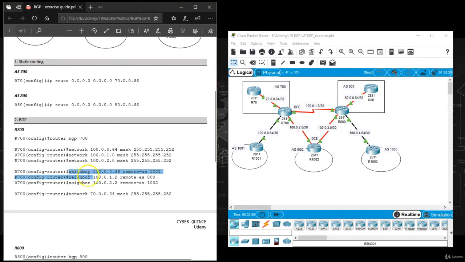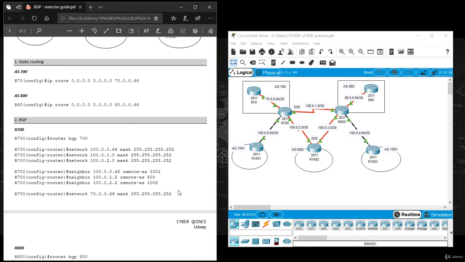Then we want to configure neighbors. To configure a neighbor, you need to write in that neighbor's IP address and also the autonomous system number in which that neighbor resides. Additionally, on routers 700 and 800, we will want to advertise these internal networks.